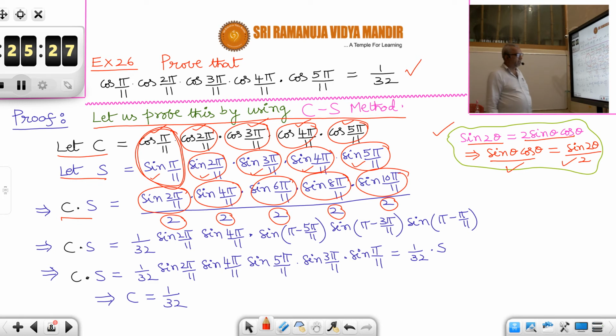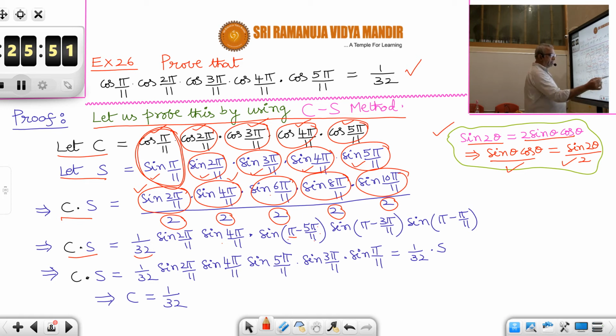How many 2's are there in the denominator? 5. So 2 power 5 means 32. So C into S is equal to 1 by 32 into sin 2 pi by 11, sin 4 pi by 11, and so on. But 6 pi by 11, is it not pi minus 5 pi by 11?